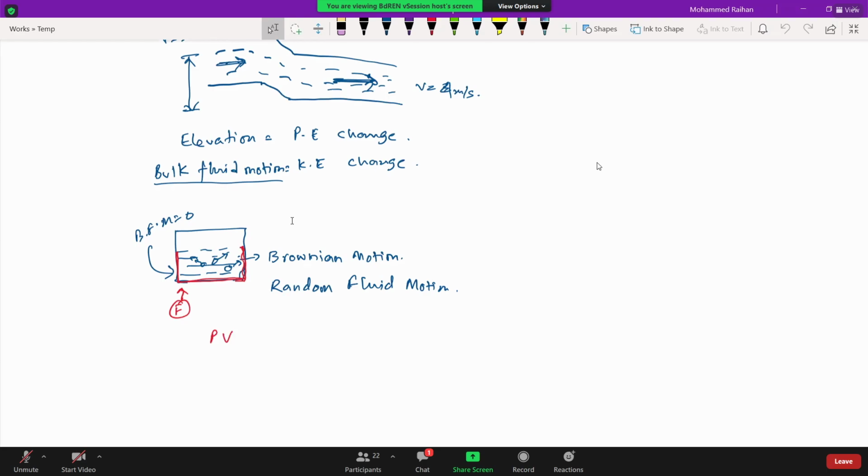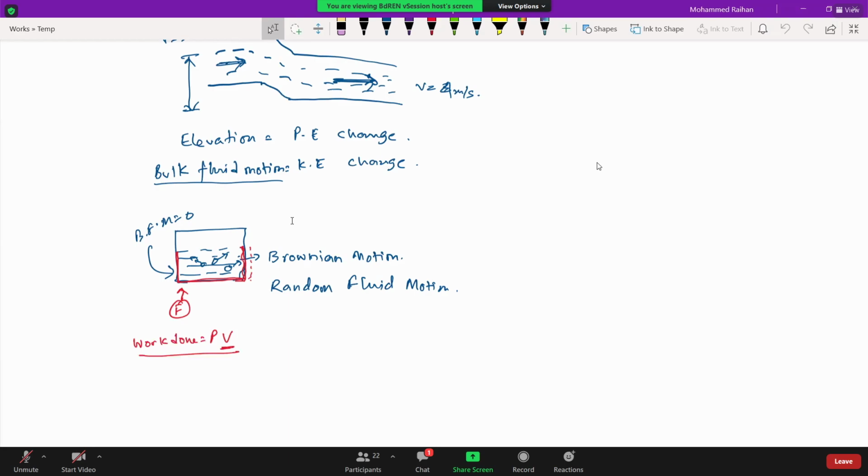If this is not a rigid container, not a ceramic or plastic container, but say a small membrane that can move, then this Brownian motion has the ability to move the membrane by delta V. So the work done by this fluid motion is P times change in volume, right?